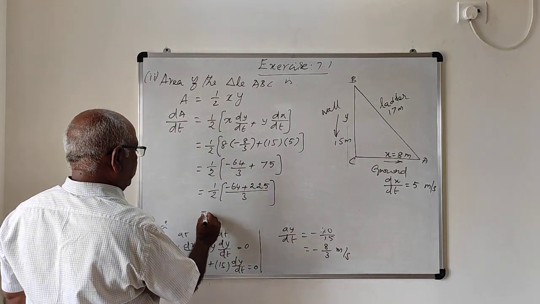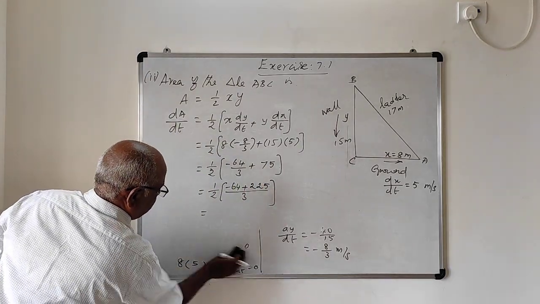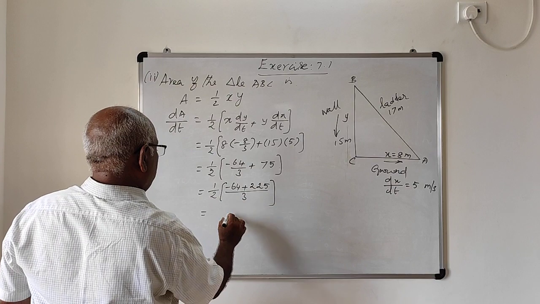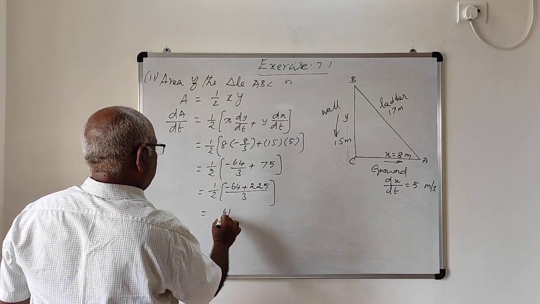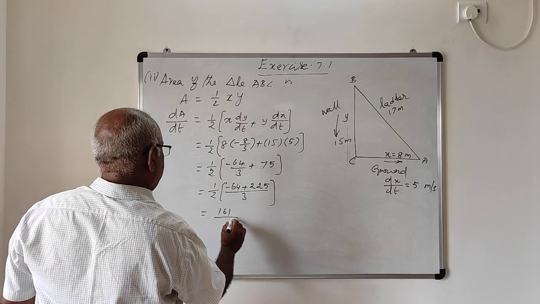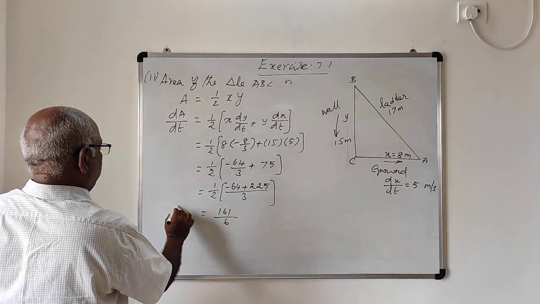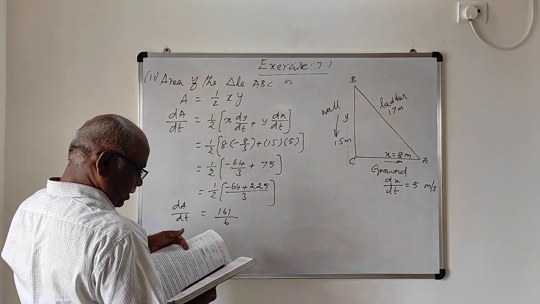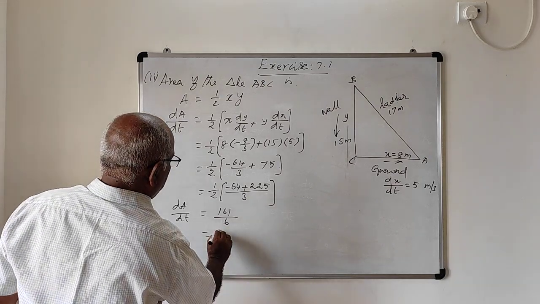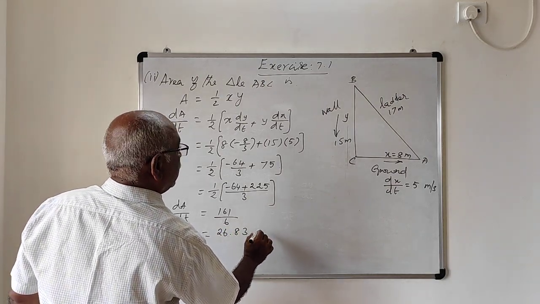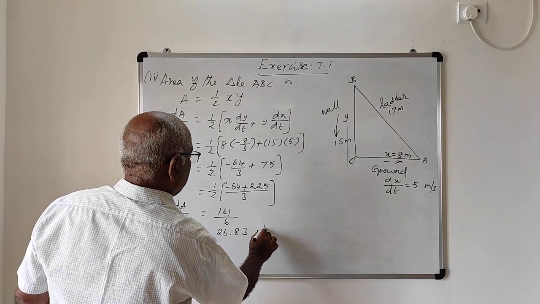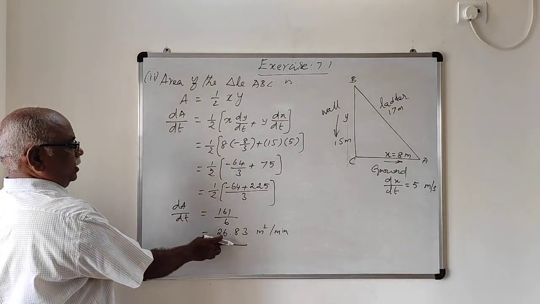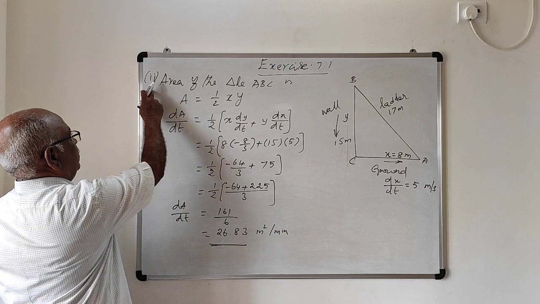So 225 minus 64 is 161, over 2 3s are 6. So the rate of change of area dA by dt is 161 by 6, or otherwise 26.83 meter square per minute. So the rate of change of area is 26.83 meter square per minute, which is the second solution.